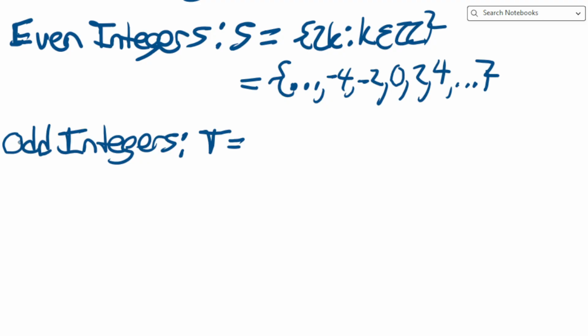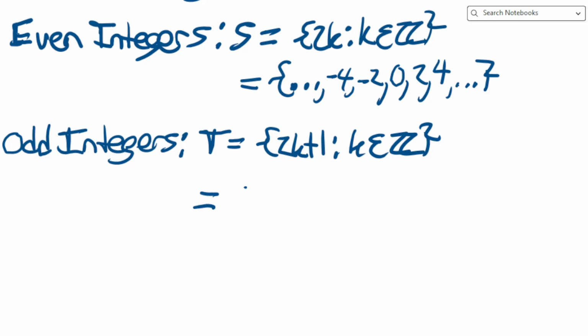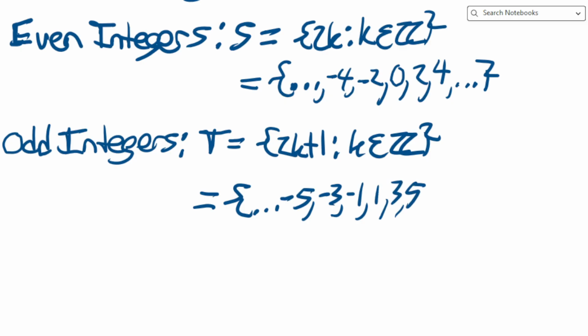Let's call the domain T, which would be 2k plus 1, where k is an integer, and this would include integers like -5, -3, -1, 1, etc.